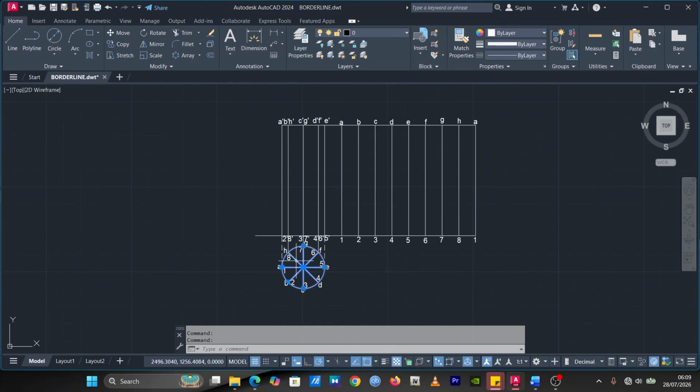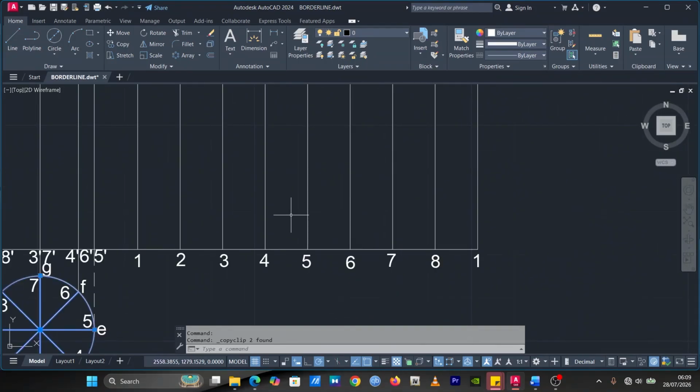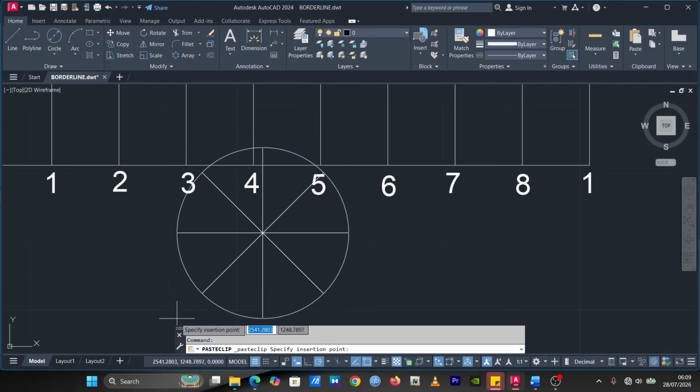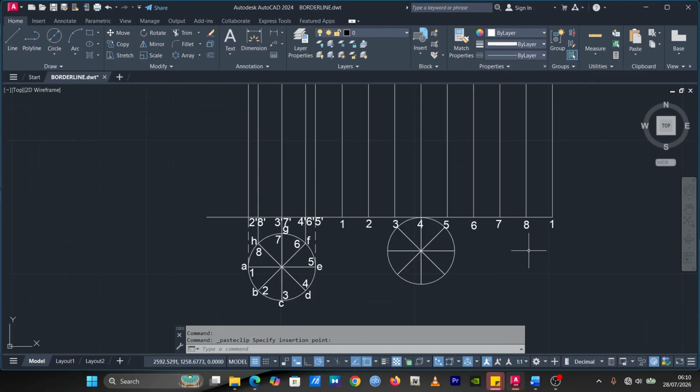So I select here and I copy it, and then I paste it here. Sometimes too, if you do the copy and paste, you might not get it touching, so you can just delete this and then delete this.